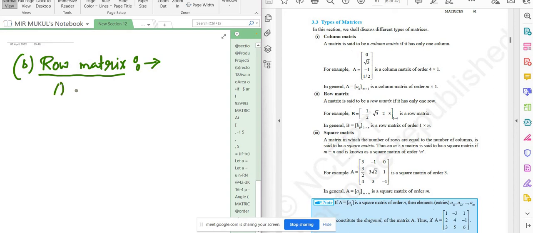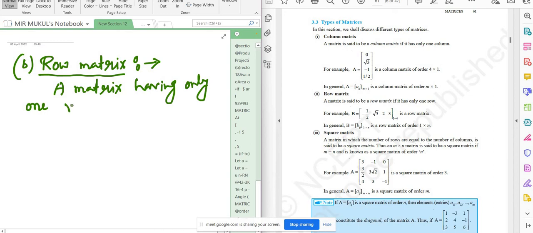A matrix having only one row is called a row matrix, right?